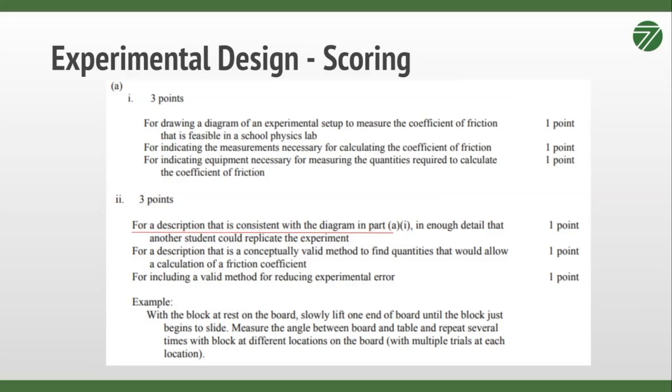Basically, and it specifically says that point, it has to be something beyond just repeated trials. Repeated trials is good, but it has to be something like, okay, in the case of the wood block, maybe I use multiple different masses on the wood block.